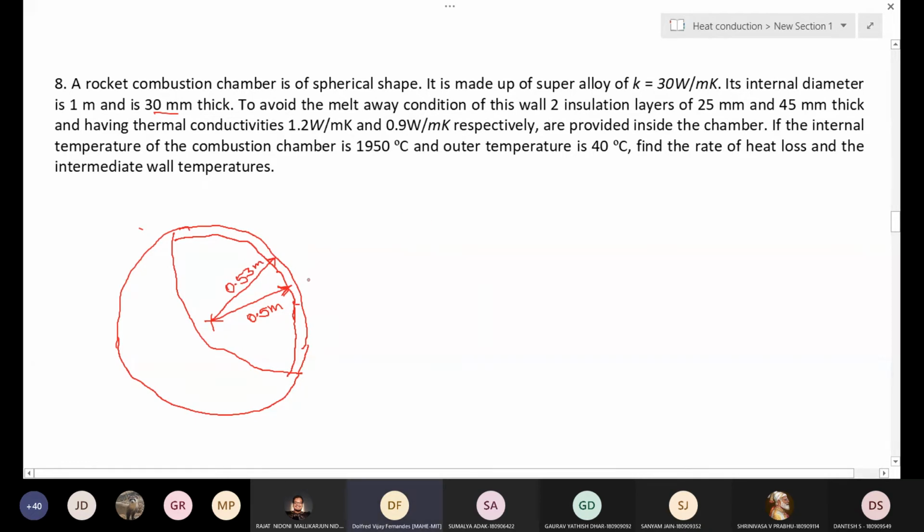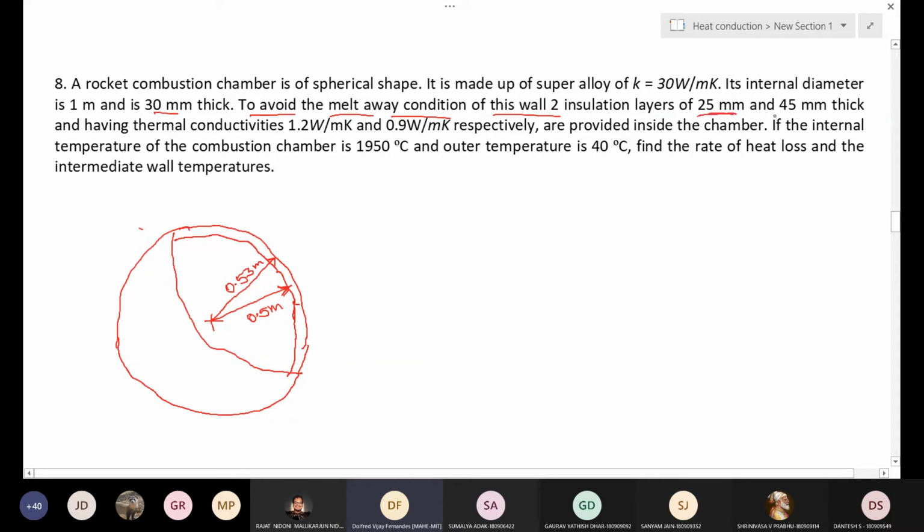Now, to avoid the melt away condition of this wall, since this is an expensive super alloy that has to withstand the high combustion pressure and temperatures, it has been coated with 2 layers of insulation.